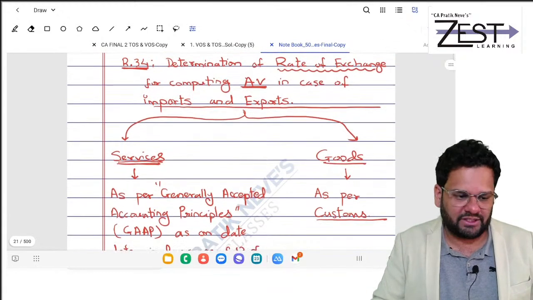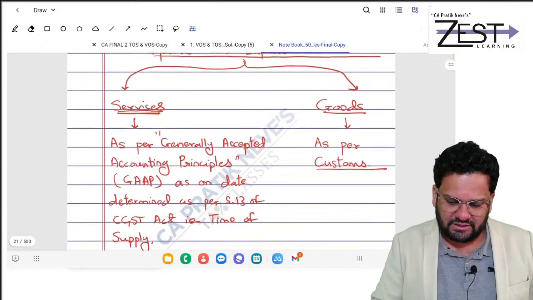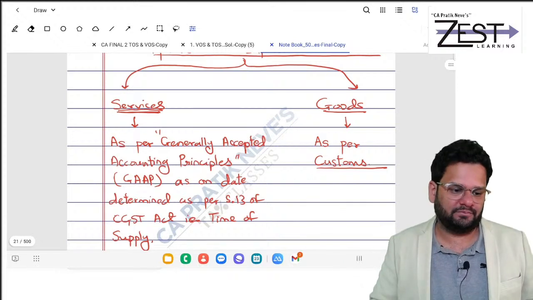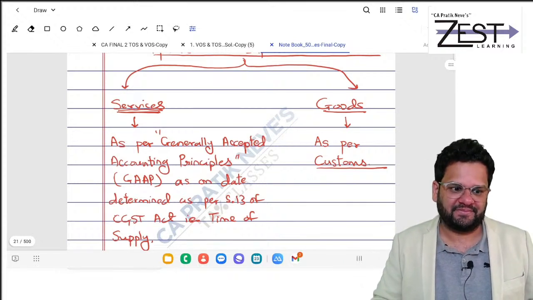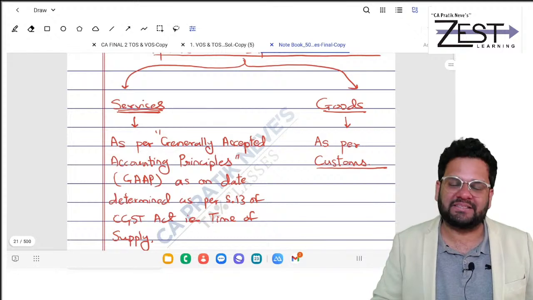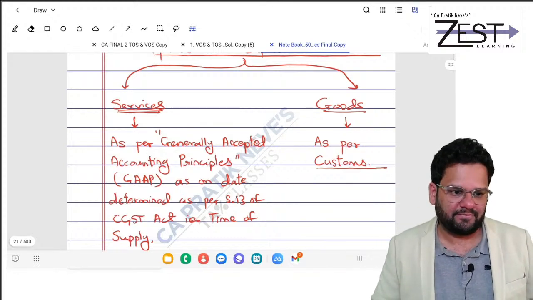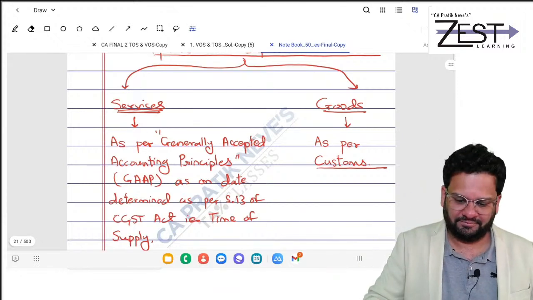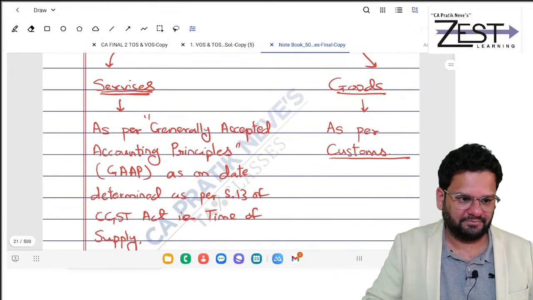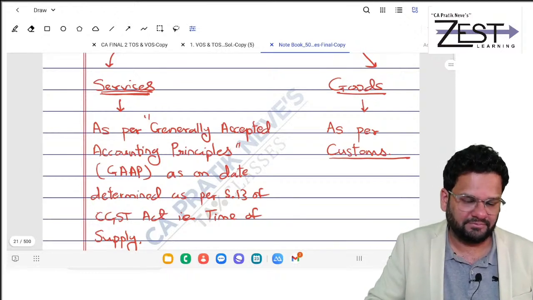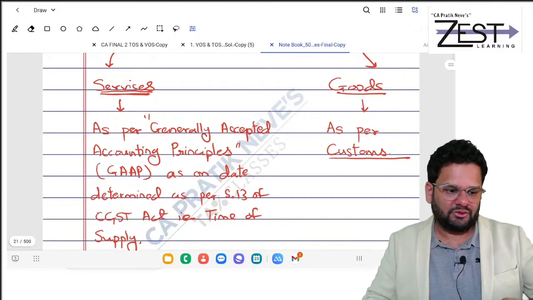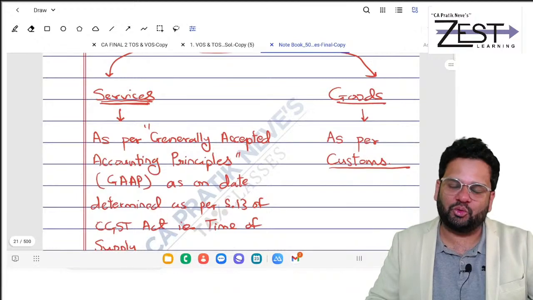Please let me know, friends. Is this rule 34 completed in your notebook? Please let me know, Ashima ji. Is it done? Please let me know so that we can end today's session.